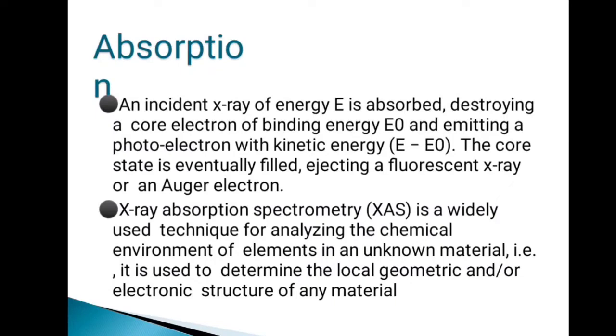The X-ray energy is absorbed, destroying the electrons of binding energy and emitting the photoelectrons with some kinetic energies. The core state is eventually filled, ejecting a fluorescent X-ray or an Auger electron.